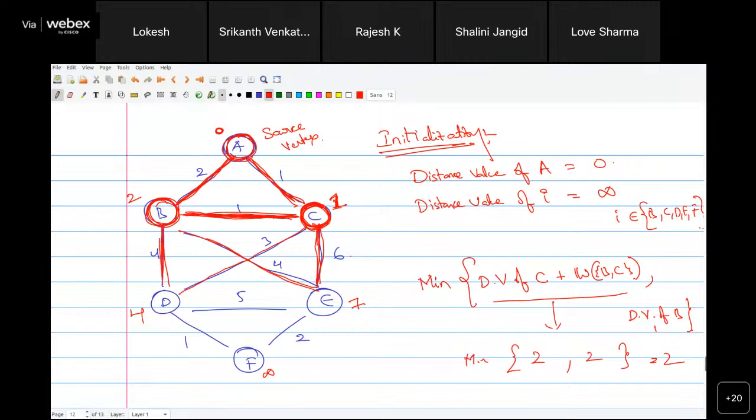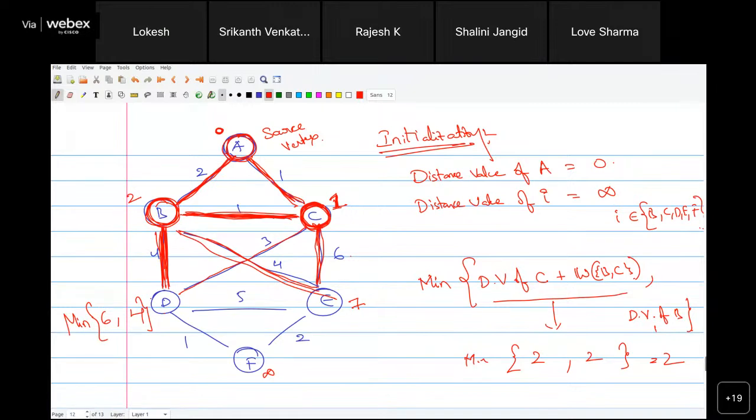So we have to check via the other two edges. Via this edge, the distance value of D will be the distance value of B plus the weight of BD, so 2 plus 4, which is 6. Before this we had the value 4, and right now with this edge we are getting 6.